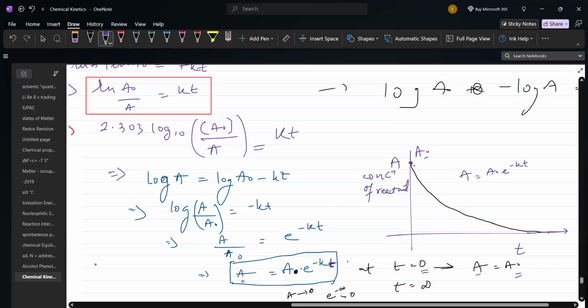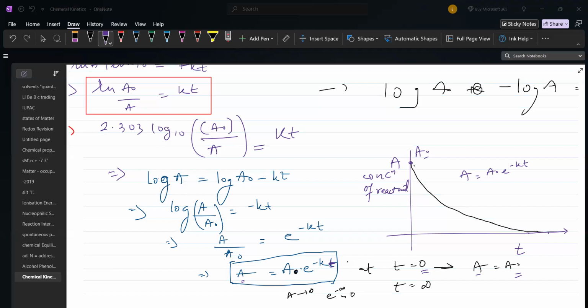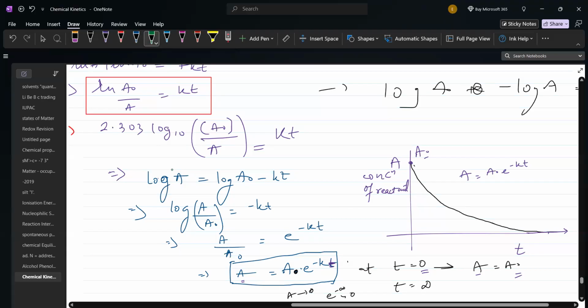Understood each and every part? So this is the exponential form, and this was the integrated rate law.